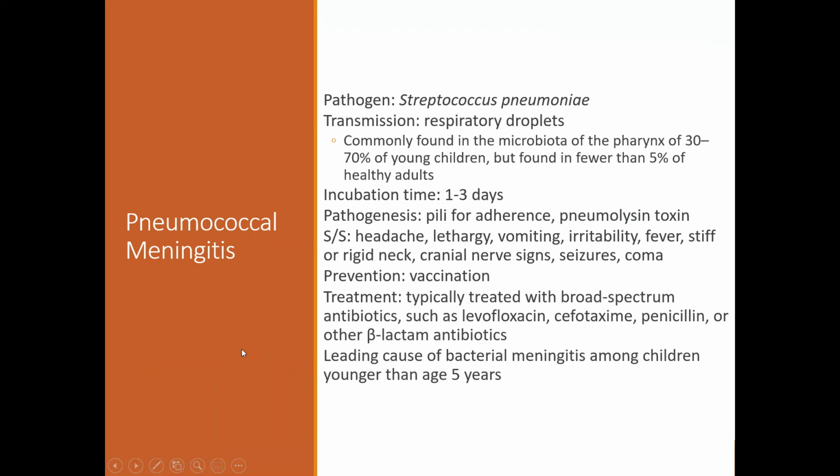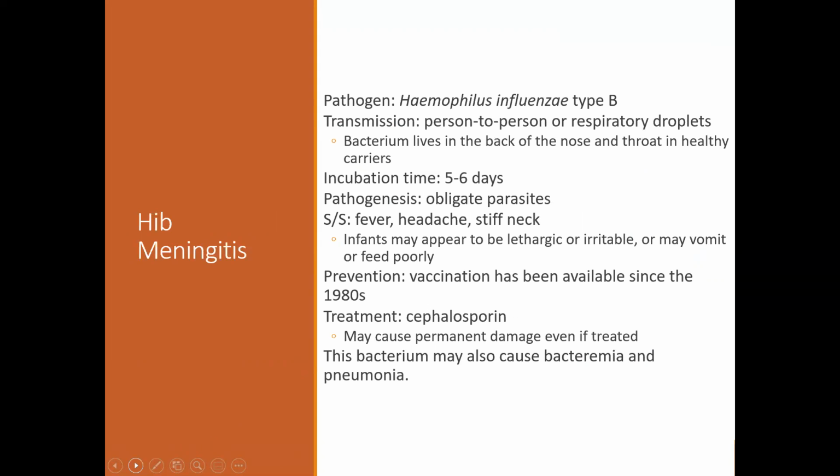Another type of meningitis is pneumococcal meningitis caused by Streptococcus pneumoniae. Found in the throats of a lot of children, but not as many adults. Again, this stiff neck is one of the main signs and symptoms. And again, we have a vaccination for this one, but it is the leading cause of bacterial meningitis among young children.